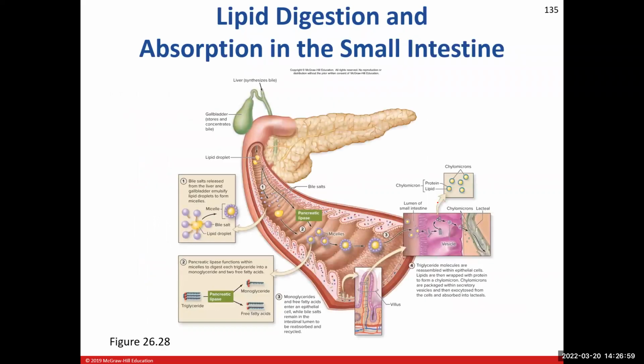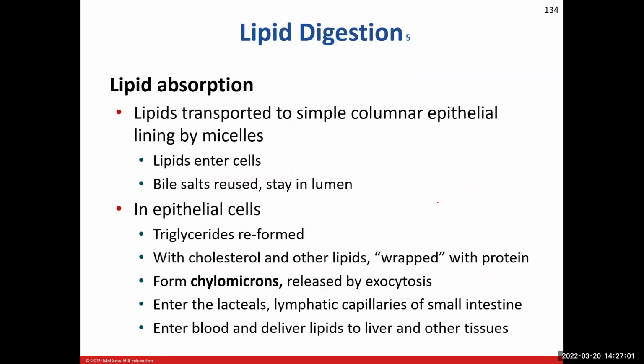I have a picture here that I'll show you in a second. The bile salts will pretty much peel off of that lipid, and the lipid will enter the cell. But they'll all stay in the lumen, where 90% get absorbed in the ileum, and 10% move through the digestive tract and get excreted.